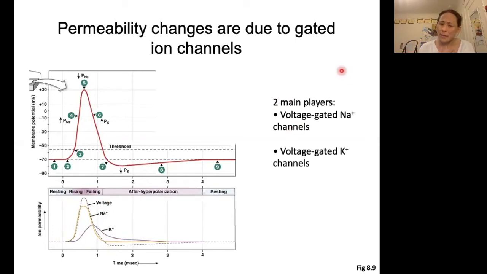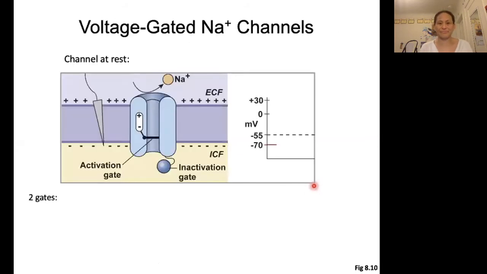And so we have two main players here. We've got voltage-gated sodium channels and voltage-gated potassium channels. And what we're going to do here is take a closer look at the properties of those two channels and see how those properties lead to the permeability changes that we see during the action potential.